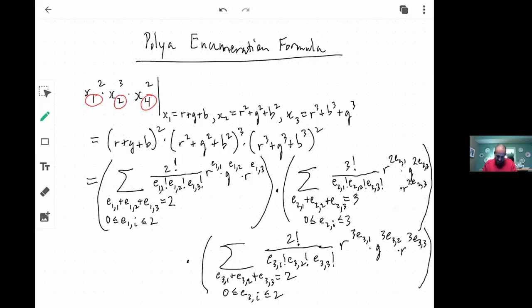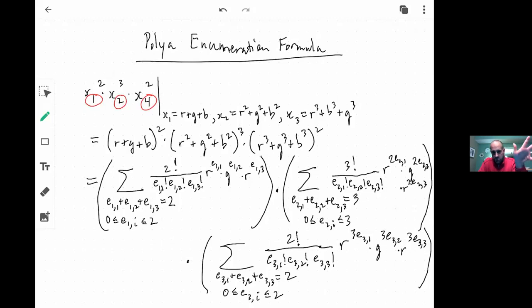Okay, the reason I'm pushing us through this is because it's about to get a little bit crazy when we actually try to do this in general. So I just want to make sure that we're comfortable doing this sort of thing. And if we wanted, we could even expand these things out. We would have a horrendous looking sum over various powers of these things, but the power on r would have one power that's multiplied by 1, another that's a multiple of 2, and another that is multiplied by 3.